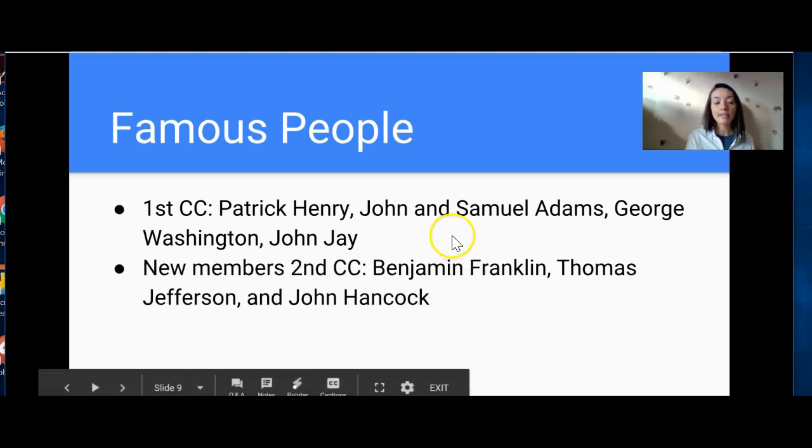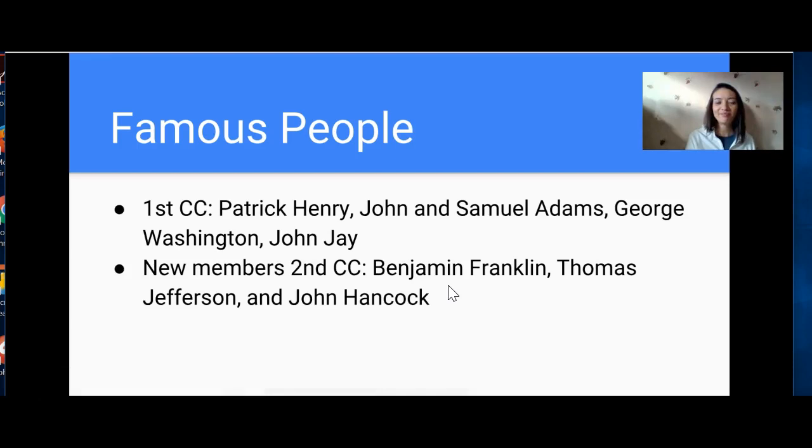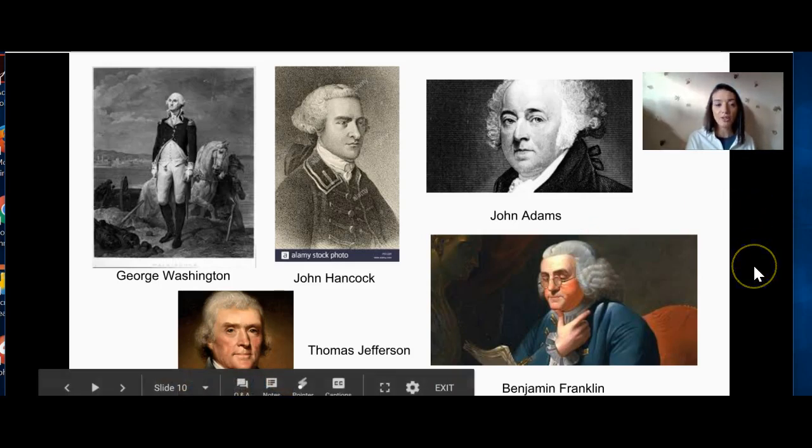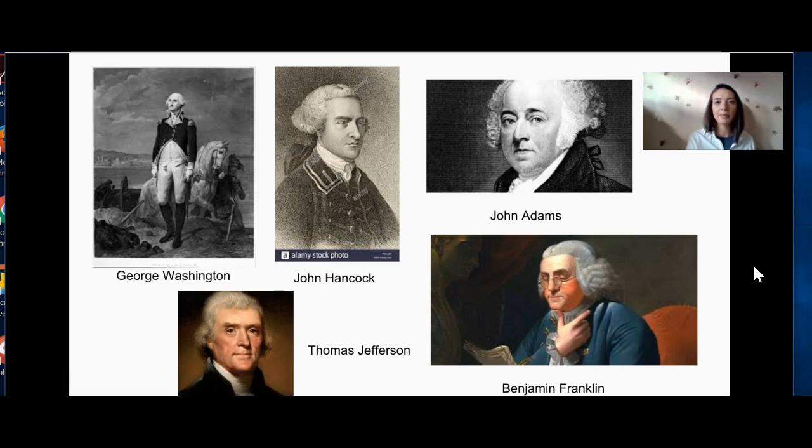And most of these guys were involved in the Second Continental Congress, but in the second one, there were new people, including Benjamin Franklin. Anybody ever hear of him? Thomas Jefferson and John Hancock. Okay, and on this slide, I chose a whole bunch of them, not all of them, to show you famous people involved in the Continental Congress. Now, out of those famous names, how many became presidents of the United States later? A whole bunch of them, huh?